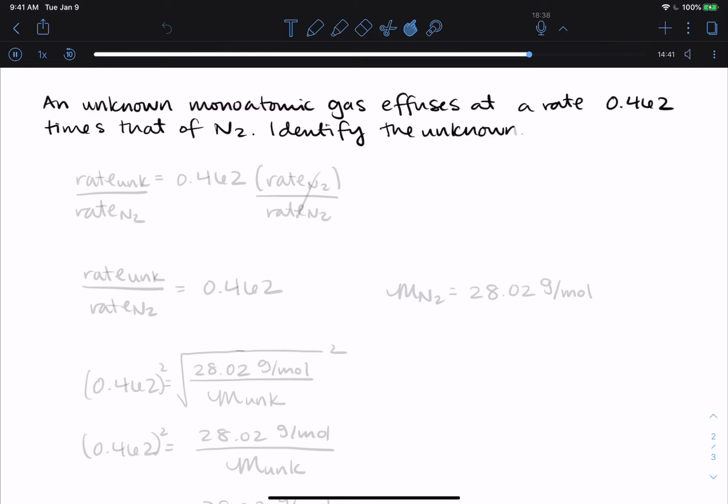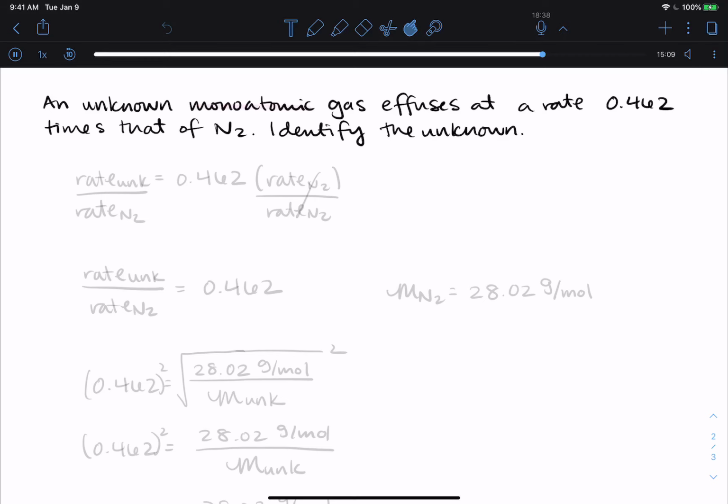All right. So we have rate information about N2 in relation to the unknown, or the unknown in relation to N2. Since we know the formula for N2, we can calculate the molar mass for that. So we should be able to get the molar mass of the unknown gas.